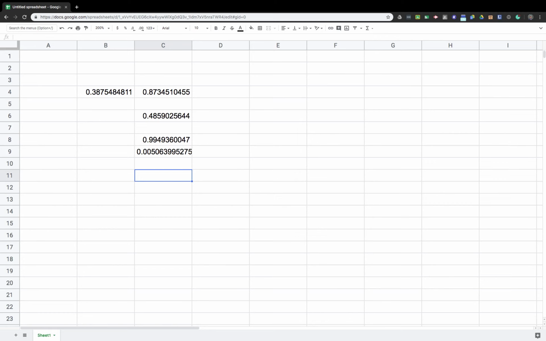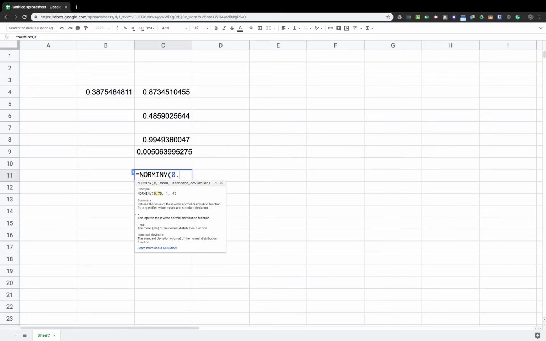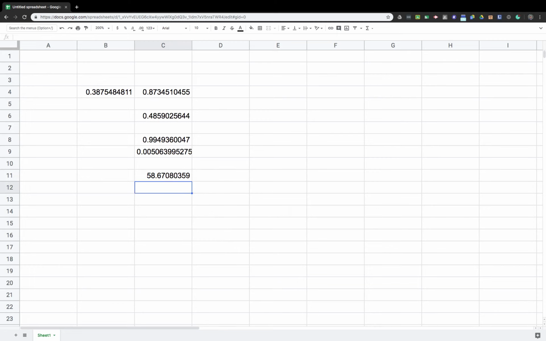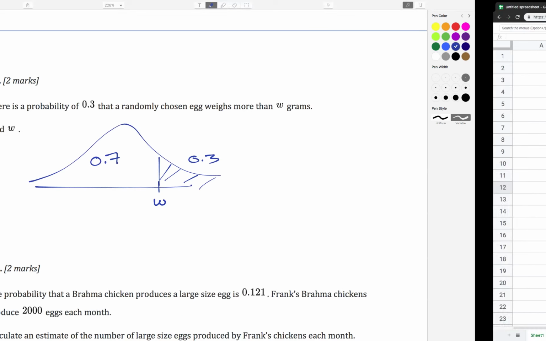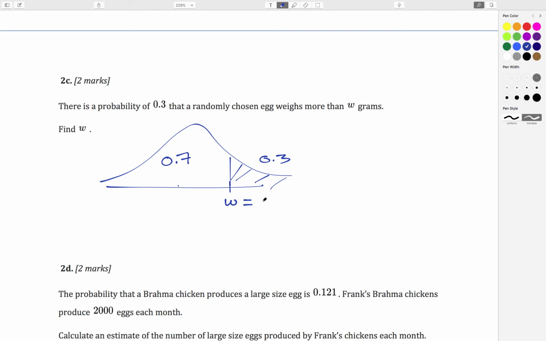Equals NORM.INV, my probability, 0.7, my mean is 55, standard deviation is 7. Now this is not a probability, this is a weight, 58.67, 3 sig figs is 58.7 grams. W equals 58.7 grams. Again, W represents a weight.